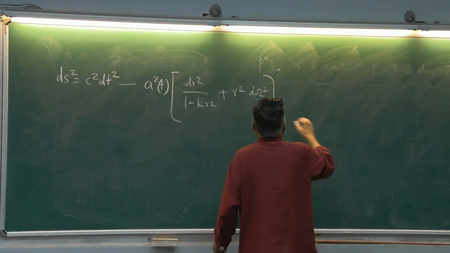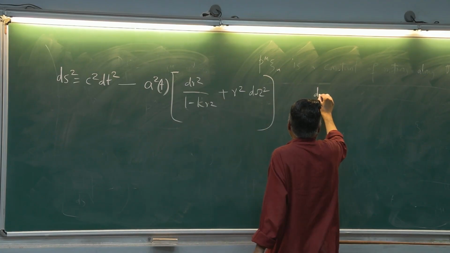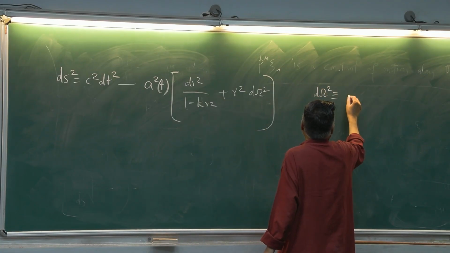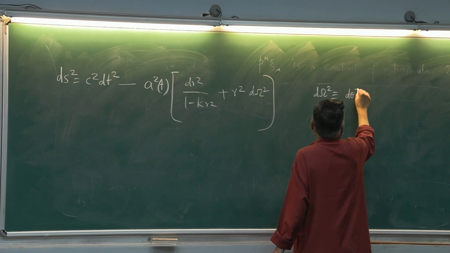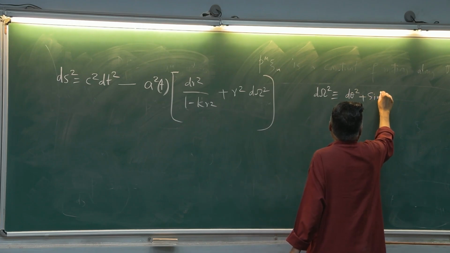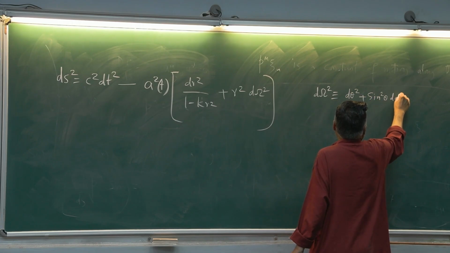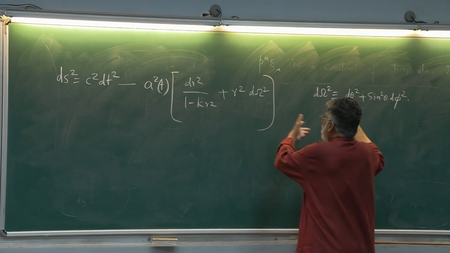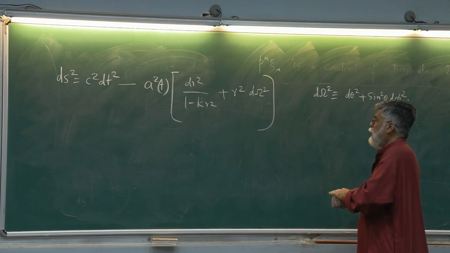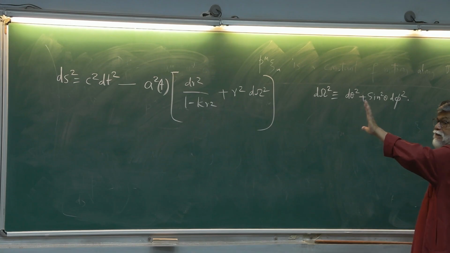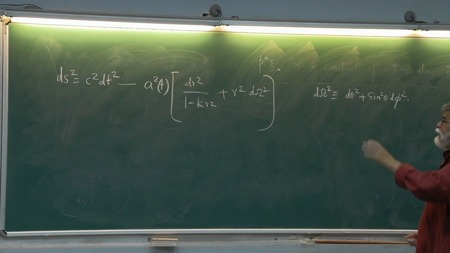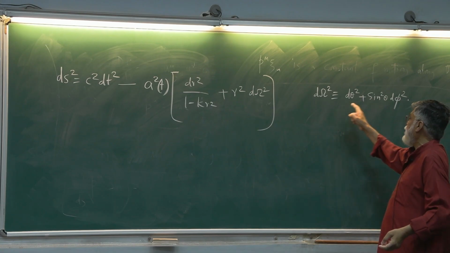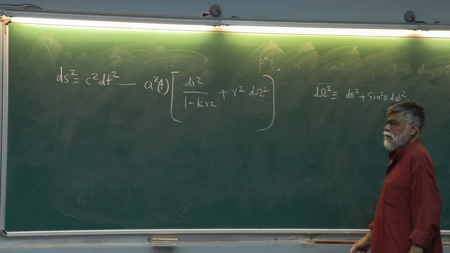Normally it's written that way in compact notation, where d omega squared by definition is d theta squared plus sine squared theta d phi squared. You should not always keep writing this out, it becomes very lengthy. So this is the Robertson-Walker line element, and that's the reason r, t, theta, phi are called Robertson-Walker coordinates.